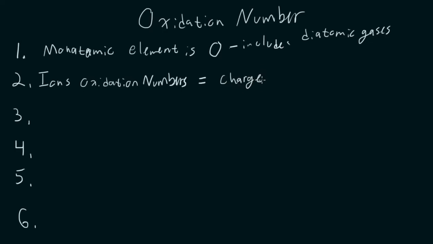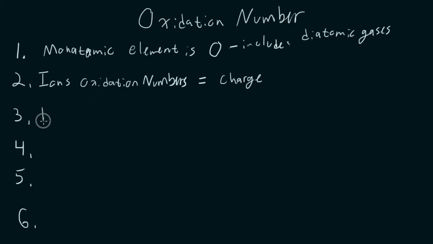And that's going to be whether these are ions in a molecule or not. So an ion's oxidation number equals its charge. So Na plus, oxidation number would be +1. Mg2 plus would be +2. F minus would be -1.